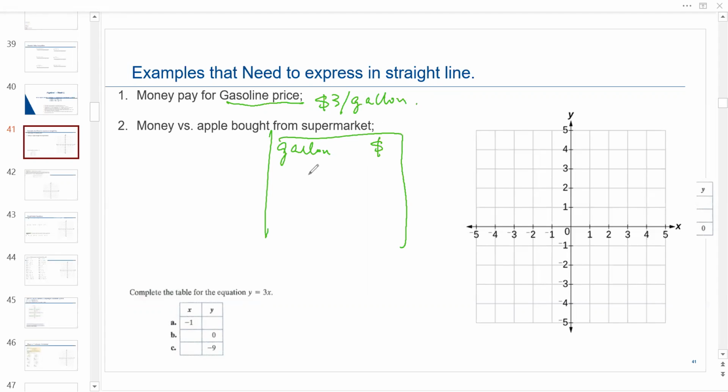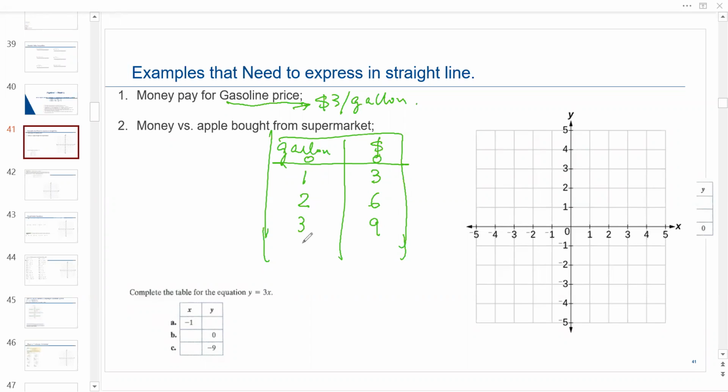So the price is determined, but the gallons are undetermined. Suppose I want to fill 1 gallon. You only need to pay $3. If you get 2 gallons, you pay $6. If you get 3 gallons, you need to pay $9. And if you get 0 gallons, of course you pay $0, right?